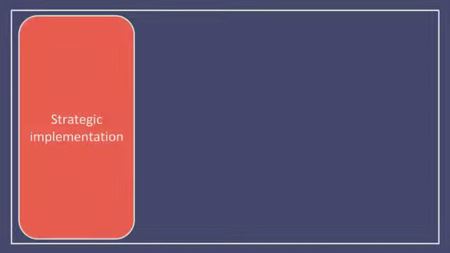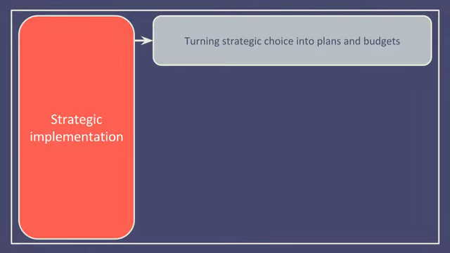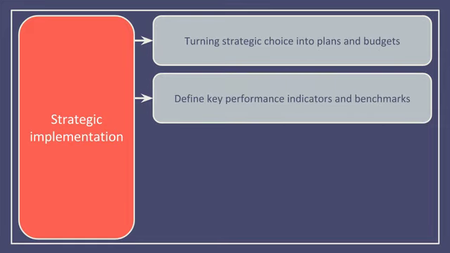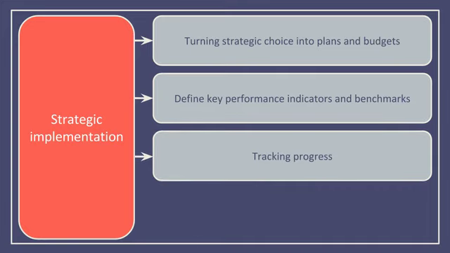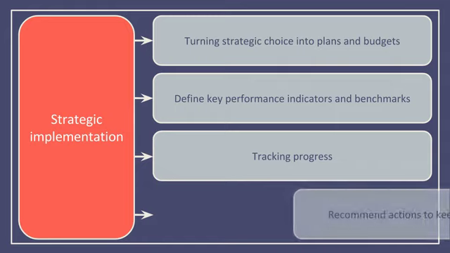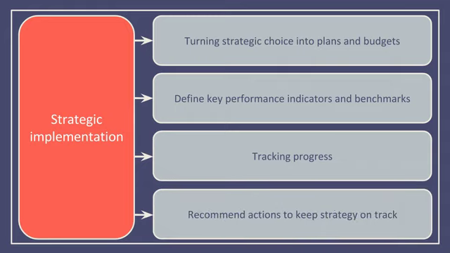At the strategic implementation stage, finance can turn strategic choice into detailed plans and budgets, define key performance indicators and benchmark what level should be achieved, as well as tracking progress with the performance measurement system and recommending performance management actions that need to be taken to keep the strategy on track.